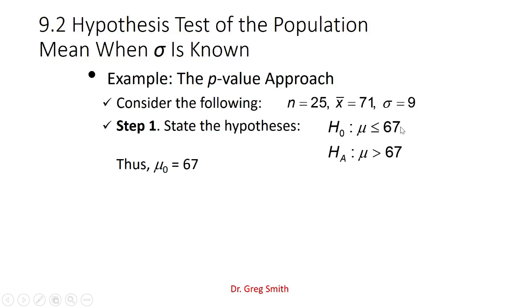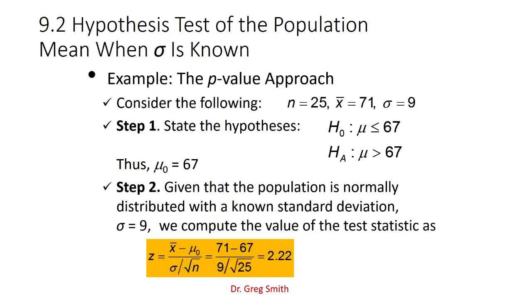What you're trying to do is prove that it's more than 67. Now, right off the bat, 71 is greater than 67, so you know it's going to be in the upper tail. The question is, is it far enough into the upper tail to allow us to reject the null and say that it actually is greater than 67?